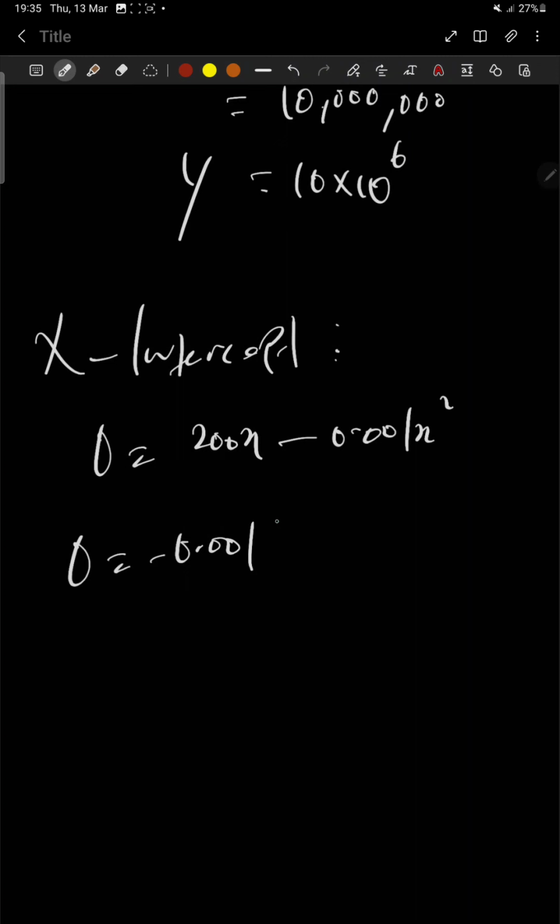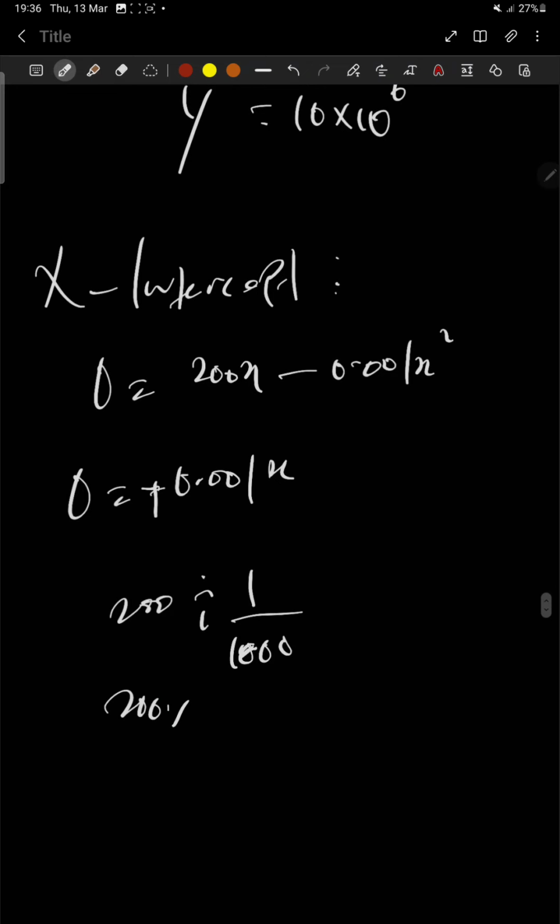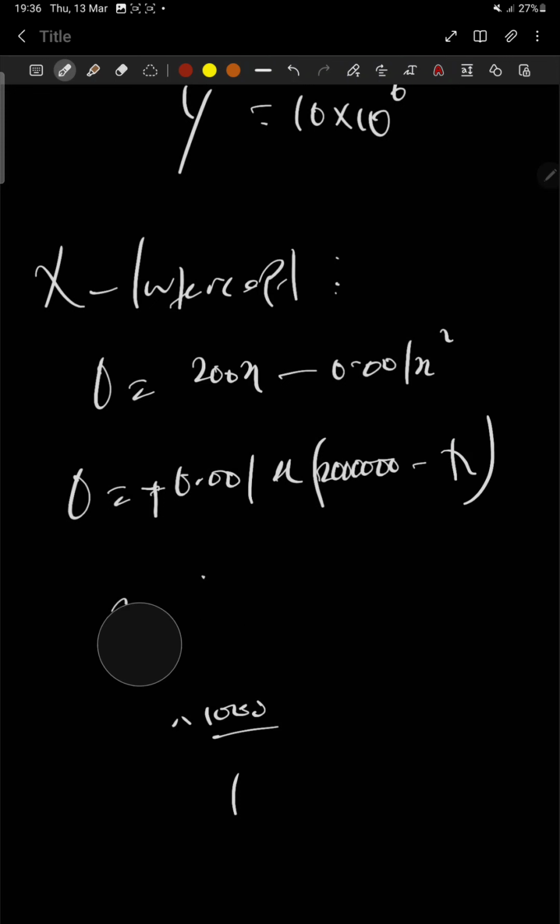If you factorize it, it's like you're dividing 200 by 1 over 1,000, which in the rule of mathematics is 1,000 over 1. So it will be 200,000. So this will be 200,000 minus x.